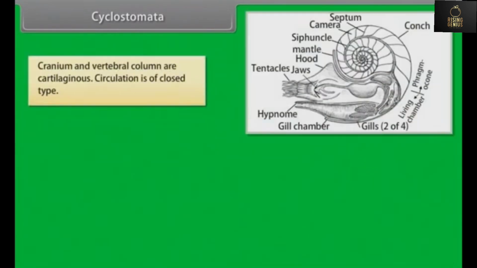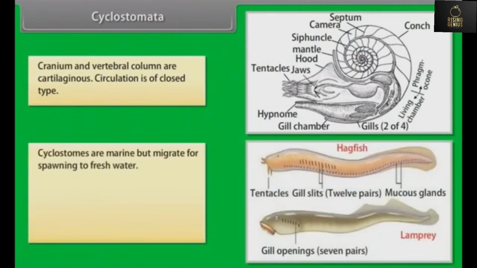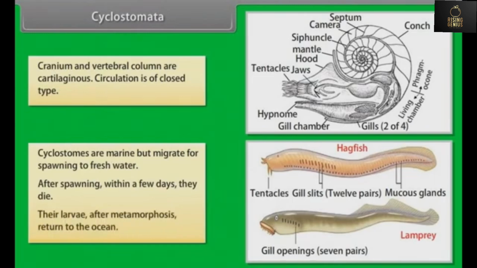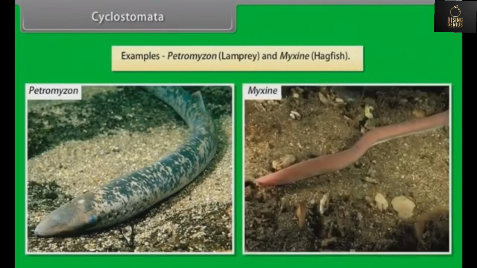Cranium and vertebral column are cartilaginous. Circulation is of closed type. Cyclostomes are marine but migrate for spawning to fresh water. After spawning, within a few days they die. Their larvae, after metamorphosis, return to the ocean. Example: Petromyzon, lamprey, and Myxine, hagfish.